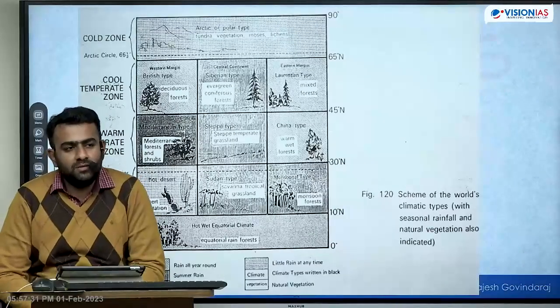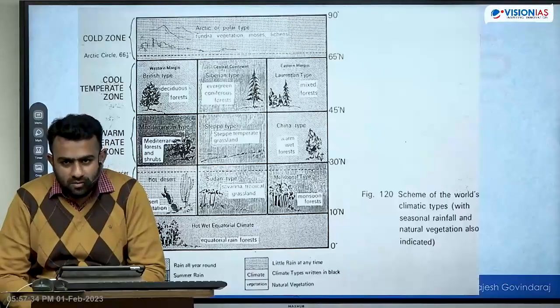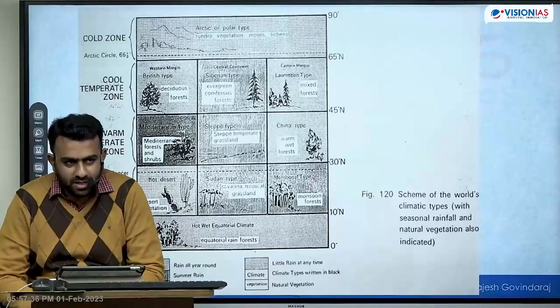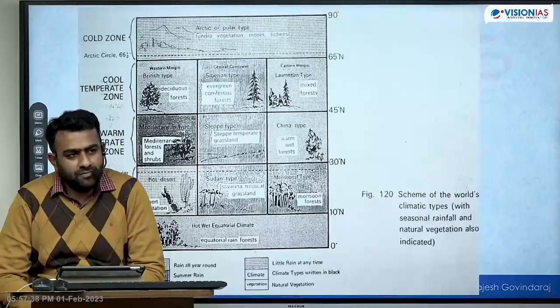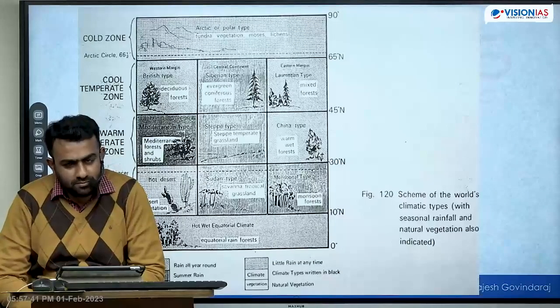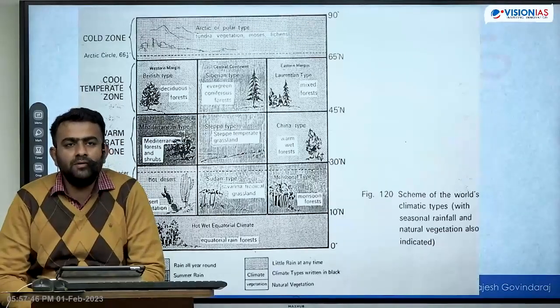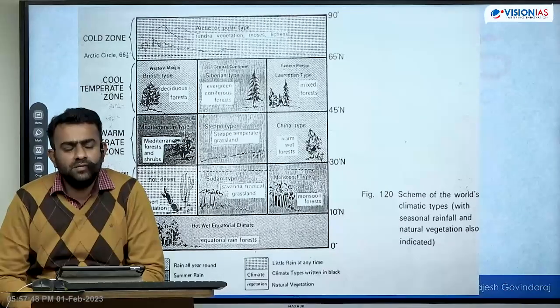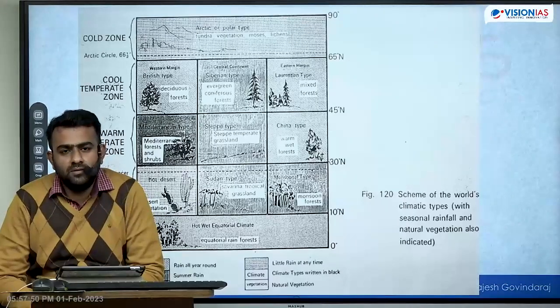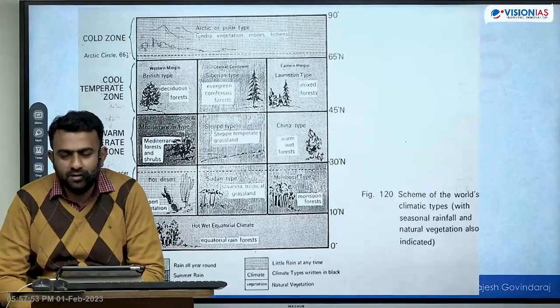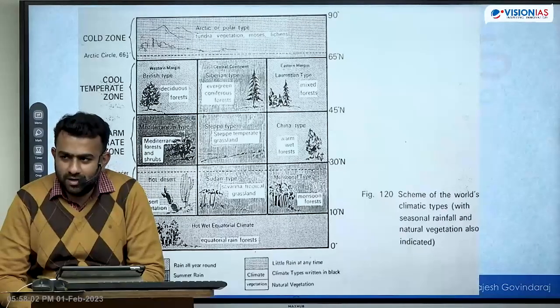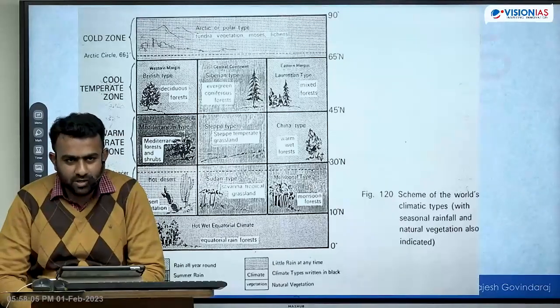Monsoon type is hot zone eastern margin. China type is warm temperate eastern margin. Savannah type is hot zone continental. Siberian type, cool temperate continental. ठीक है, याद होगा.